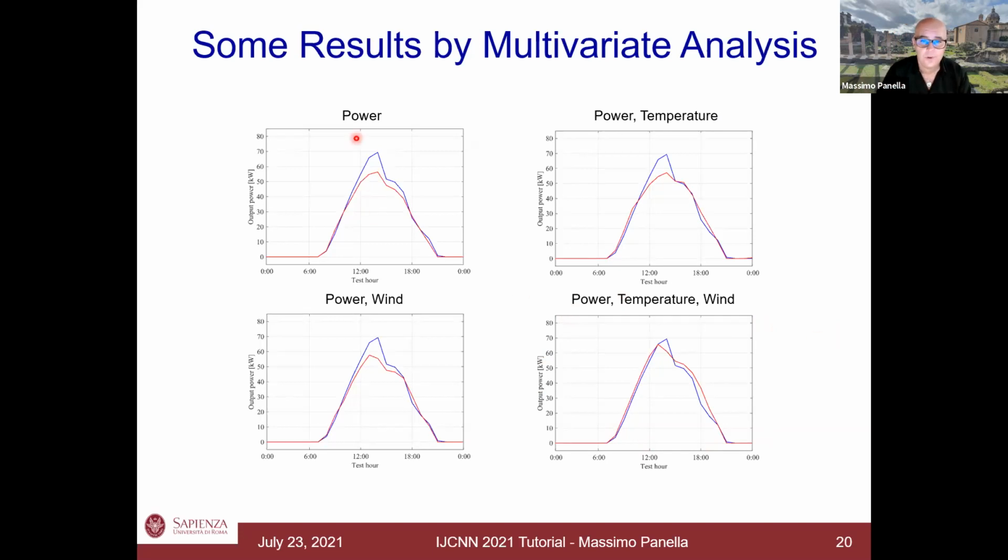This is an example of some results about multivariate analysis, where we have demonstrated that if we want to forecast the output power of a photovoltaic plant in a day, by using only a univariate approach, only power at the input to forecast power, this is the result by using a typical stack based on LSTM. But when we use a compounded approach based, for example, on power and temperature, power and wind, or power, temperature, and wind, prediction accuracy can be improved.